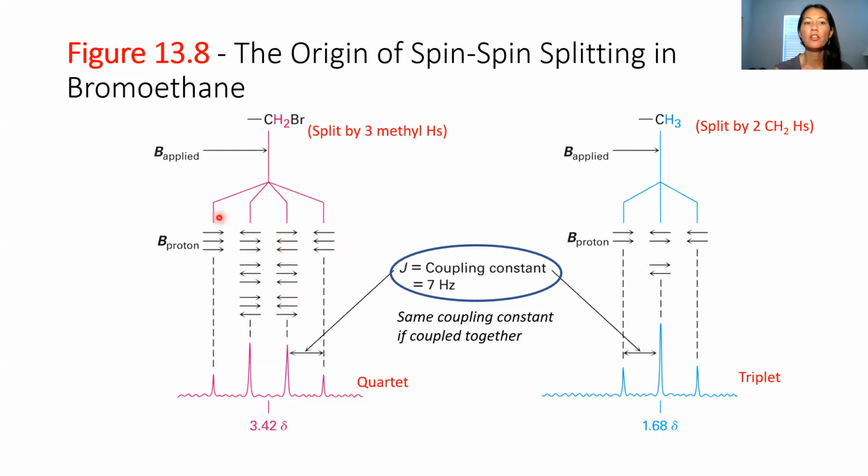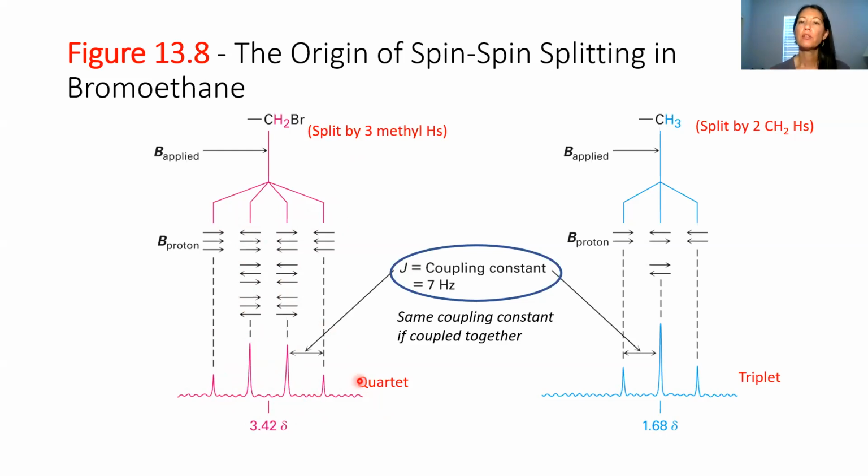So in the end, you split into 4 because you were split by 3 guys. You end up showing 4 peaks, but the center peaks will be a little bit greater because there's more possibility for that sort of arrangement. So you observe what's called a quartet. And you do have the specific 1 to 3 to 3 to 1 kind of integration, or basically height.